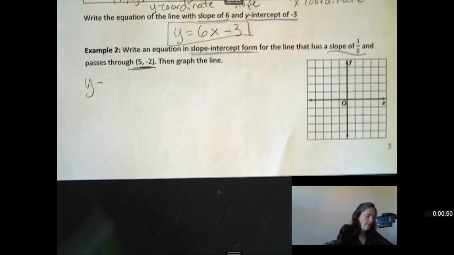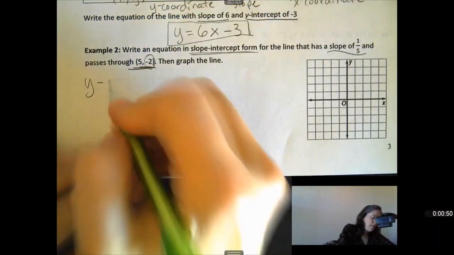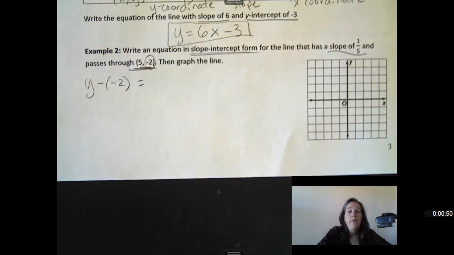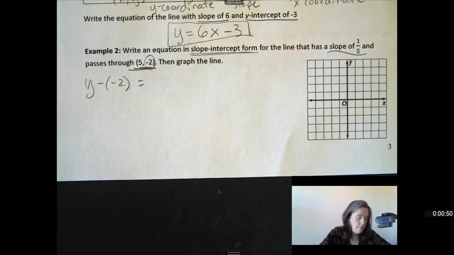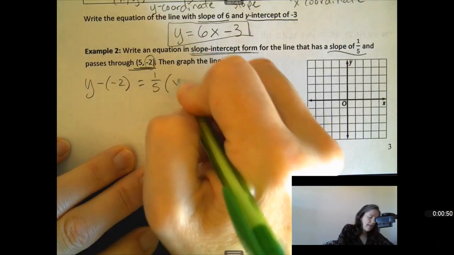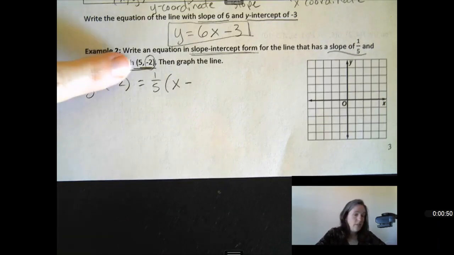Let's go back down. Y minus, the y coordinate is this guy right here, right? It's always x, y. Y minus -2 equals the slope, which is 1/5, times x minus, and now we plug in the x coordinate, which is 5.